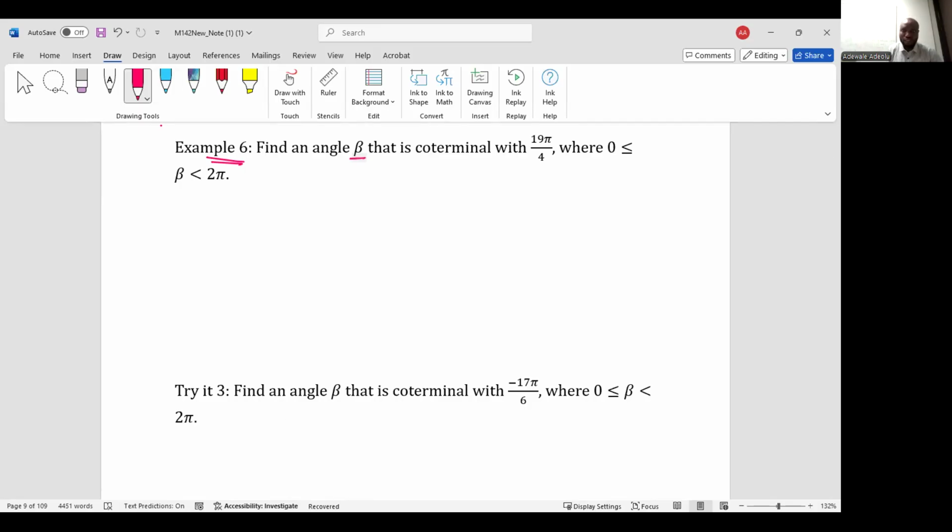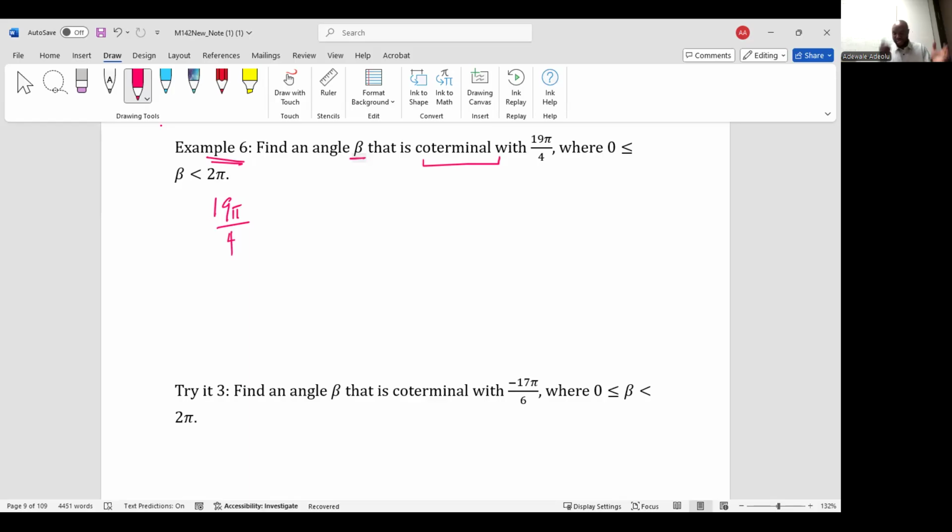So in this sense, we want to find an angle that has the same terminal line as 19 pi over 4. Now, looking at 19 pi over 4, just pause this video and think for a while. What will you do?